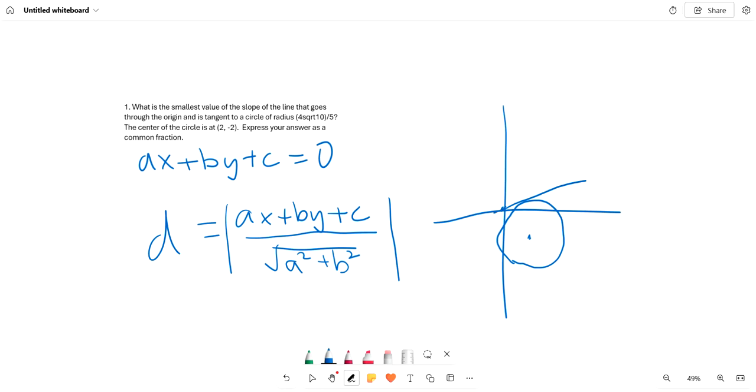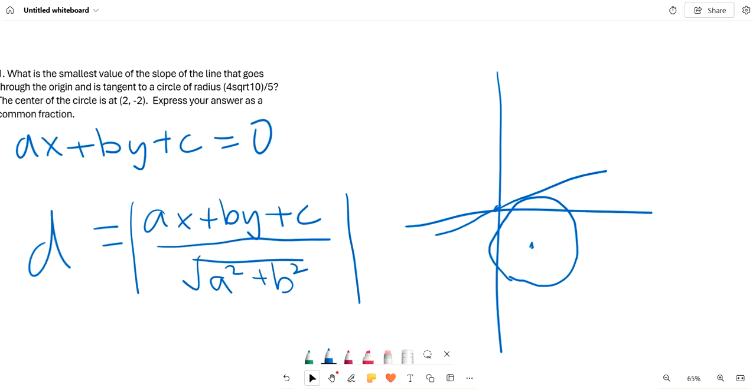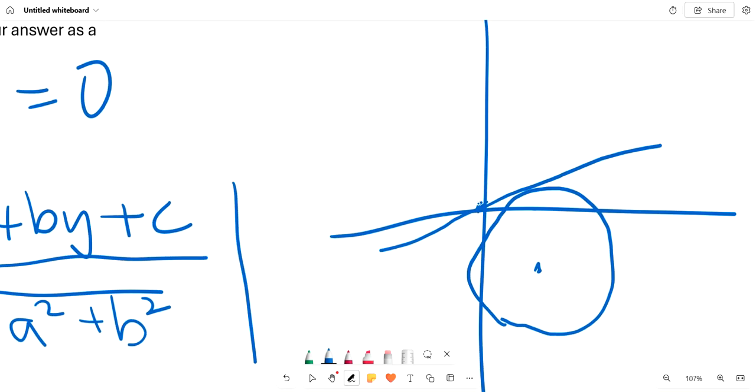And then we want the smallest slope. So that's going to be the smallest line, because the other tangent line would be here, and it's way bigger. And we want the smallest, so this will be our line.